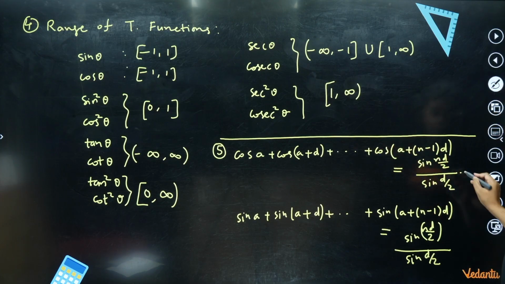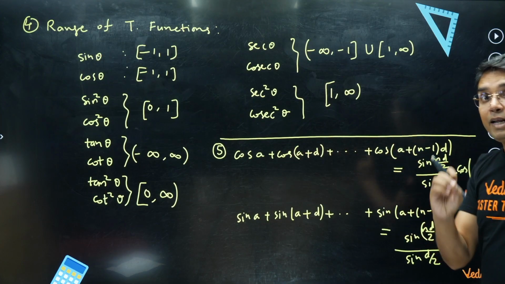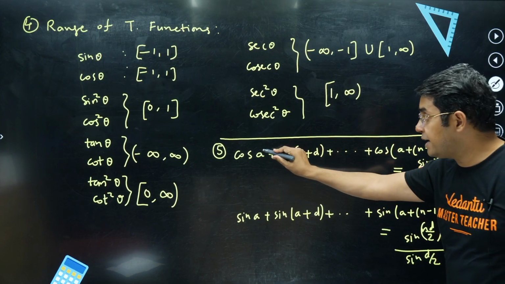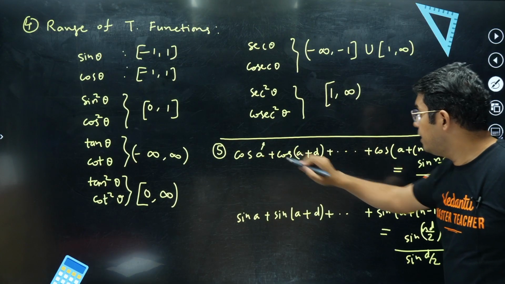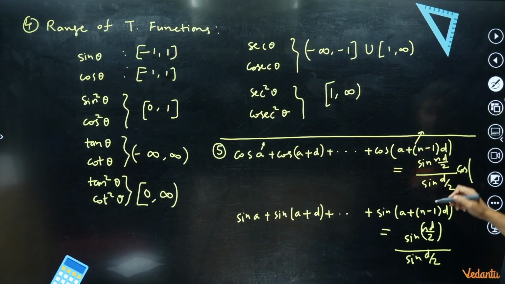If it is the formula of cos, then it will be cos of the arithmetic mean of the first angle and the last angle. So first angle A plus the last angle, divided by 2.